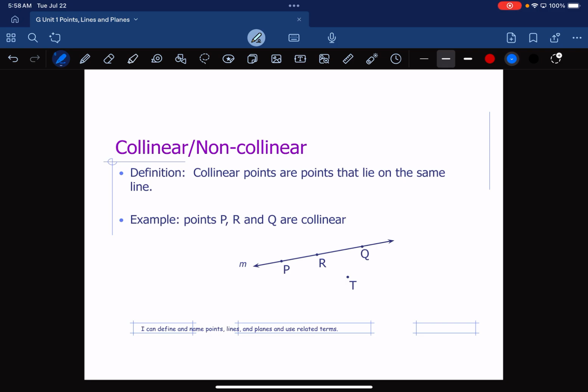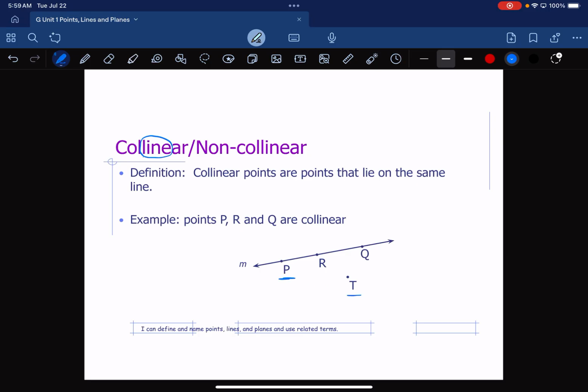Collinear and non-collinear. Well, hopefully you can see the word line written in these words. Collinear means on the same line, and then non-collinear would obviously be points that are not on the same line. Now, you can't say that 2 points can't be collinear. Like down here, I've got point P and then point T is not on the line.